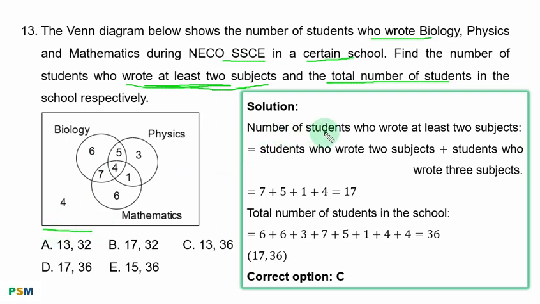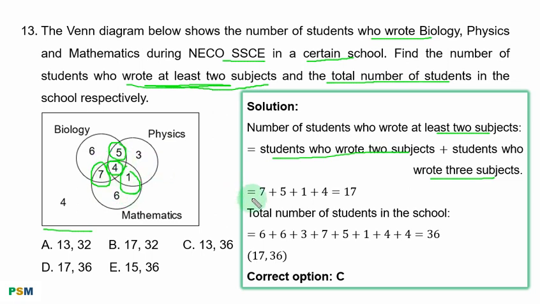Number of students who wrote at least 2 subjects means number of students who wrote 2 subjects plus students who wrote 3 subjects. Here you have 2 subjects, 5, another 2, 7, another 2, 1, plus 3 subjects.